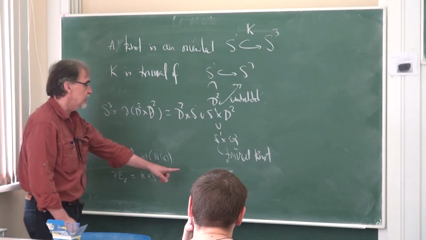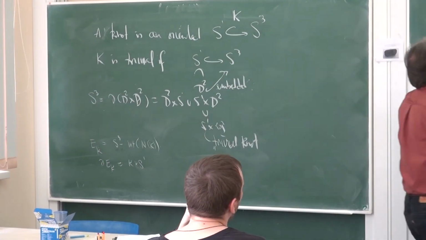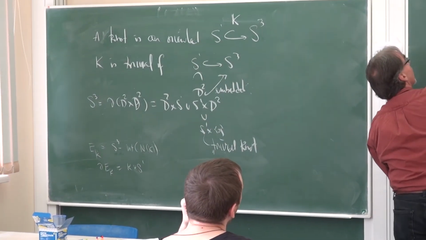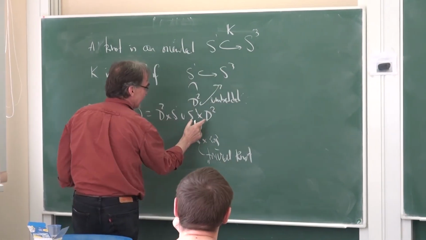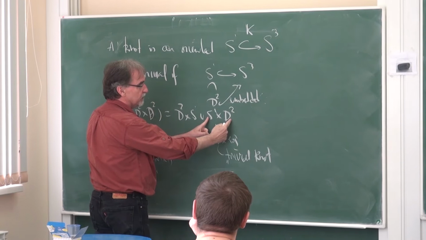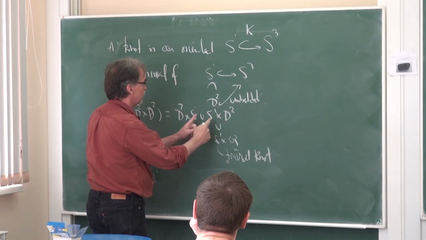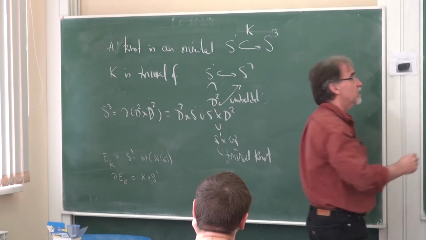In particular, if I remove an open neighborhood of the trivial knot, that's S1 cross an open D2, I'm left with D2 cross S1.